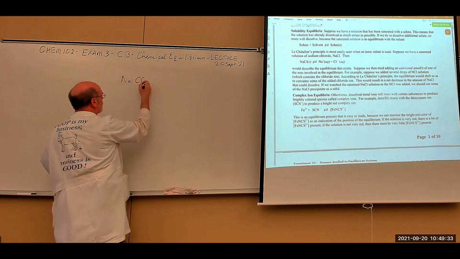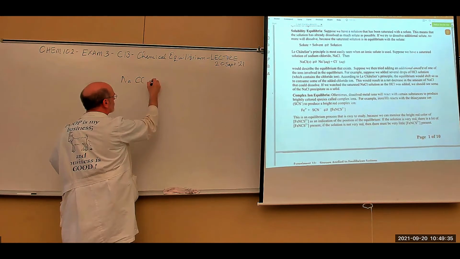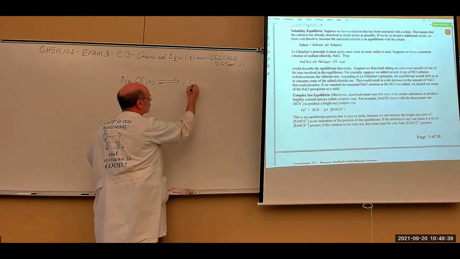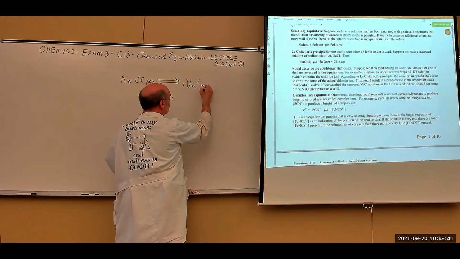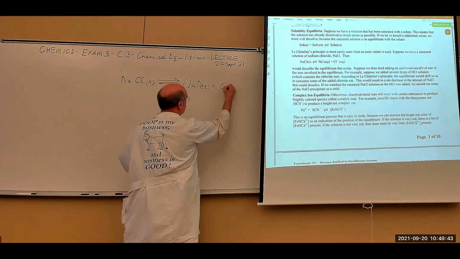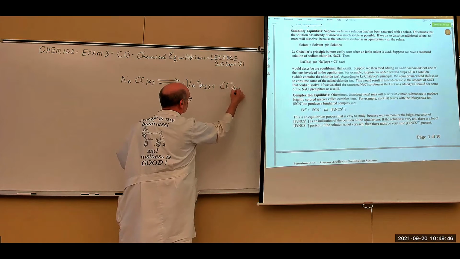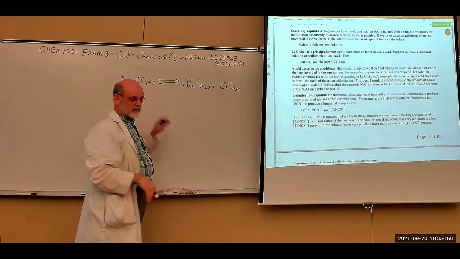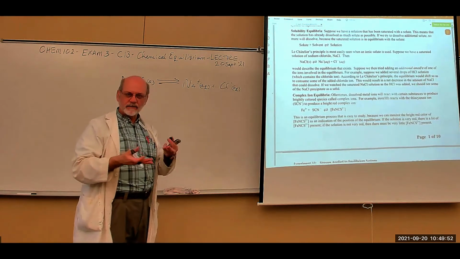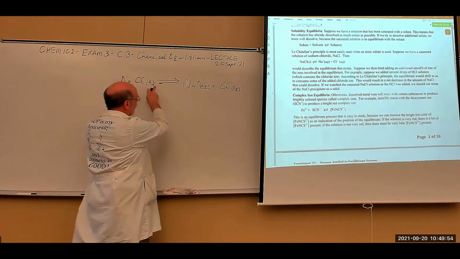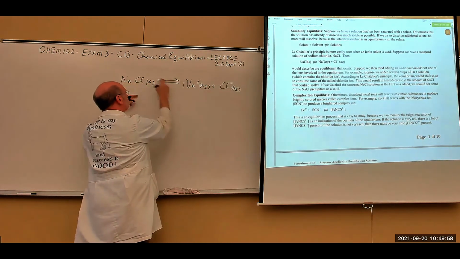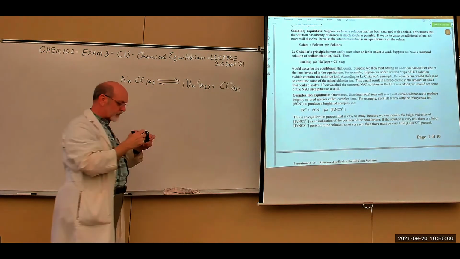Sodium chloride solid, and then in solution we have sodium ions and chloride ions. And now we're at equilibrium. We may have a little bit of solid in the bottom, and it's being dissolved into these ions, but at the same time these ions are returning to solid sodium chloride.